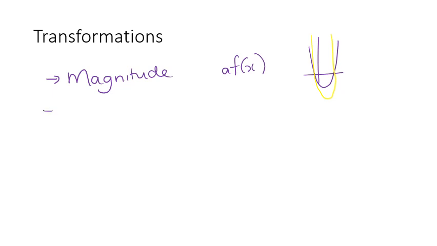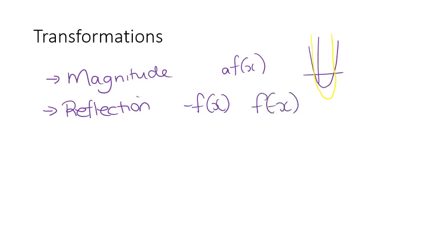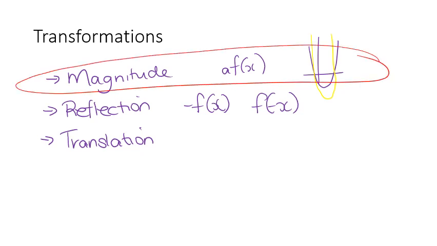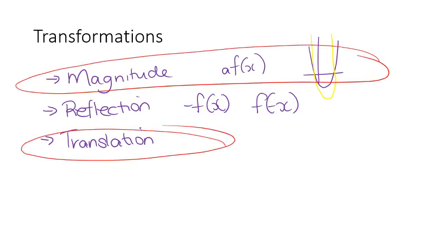We also had a look at reflection. So that might have been where you have multiplied by -1. And we had a look at translation. Okay, what we're going to have a look at for this section is the magnitude, and we're going to have a look at translation as well. We're not going to need to look at reflection.